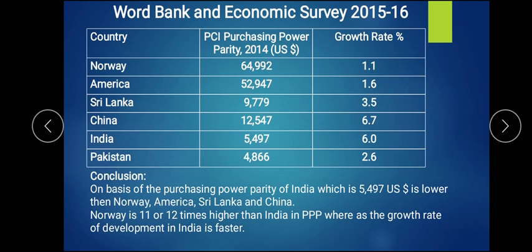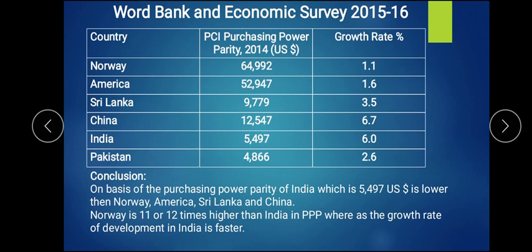It shows how much an average person can have and purchase in a market. Norway has 64,992, which stands at the first rank, because their standard of living is very high; it is a very developed country.